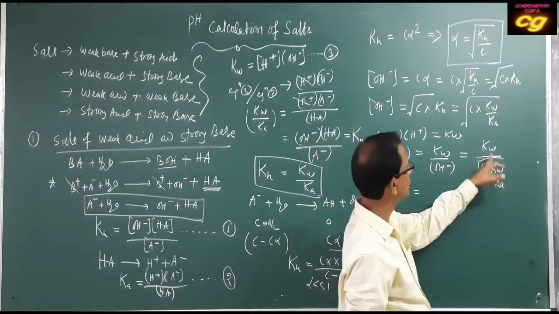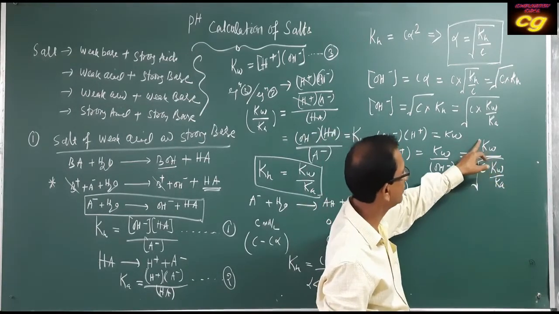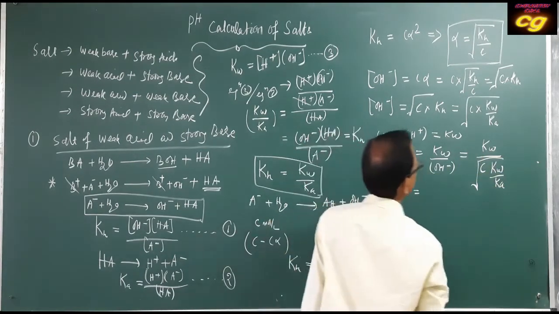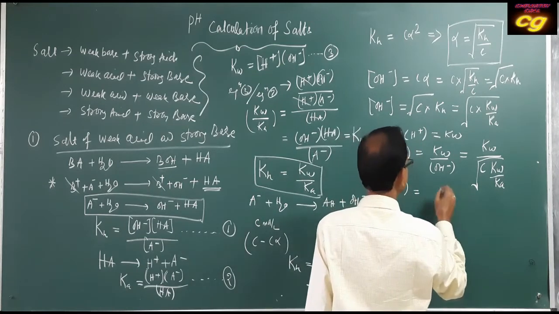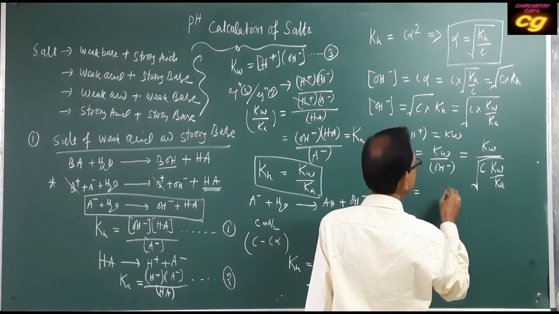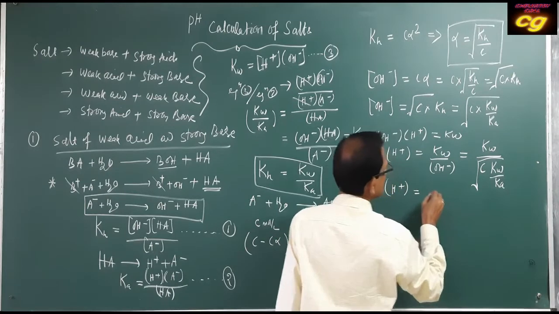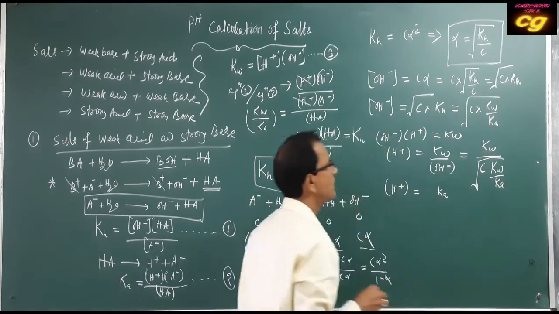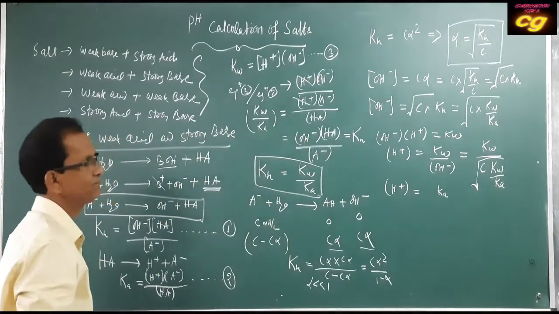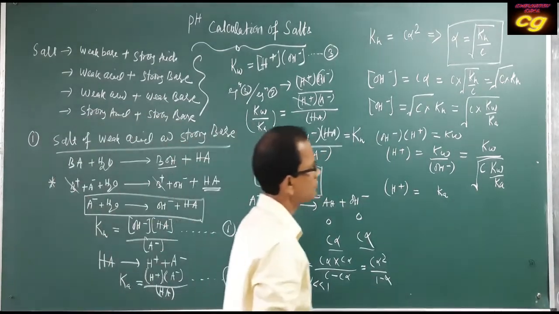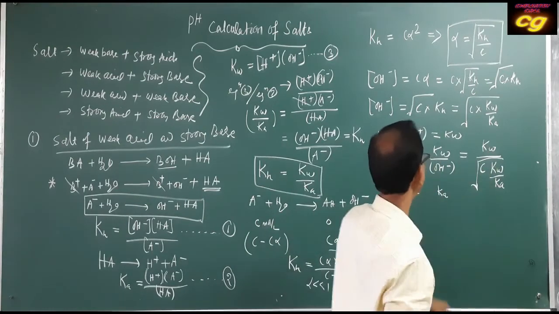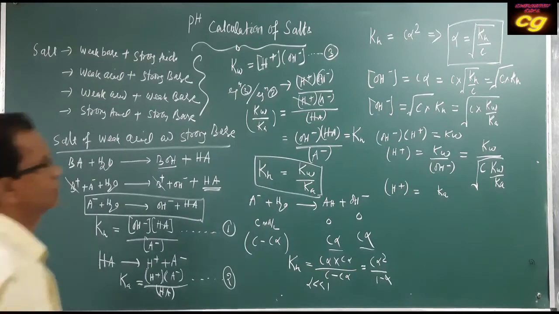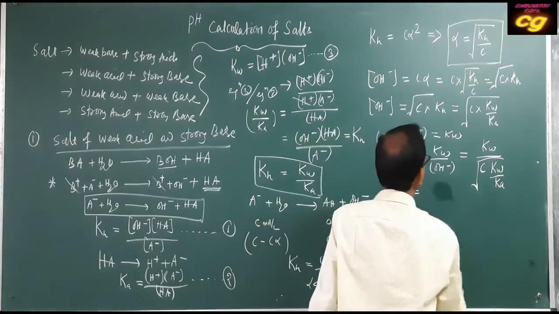You see Kw in the numerator, then what happens here, Ka. So what is left? If you see Kw, just one thing you can do here. What is the result here?